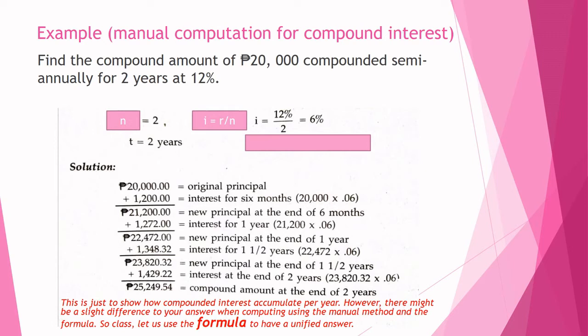However, in our discussions, quizzes, and activities, we're going to use the formula so that we will have a unified answer, because sometimes the decimal points differ. Here I just show the movement of the money in compound interest using manual computation.